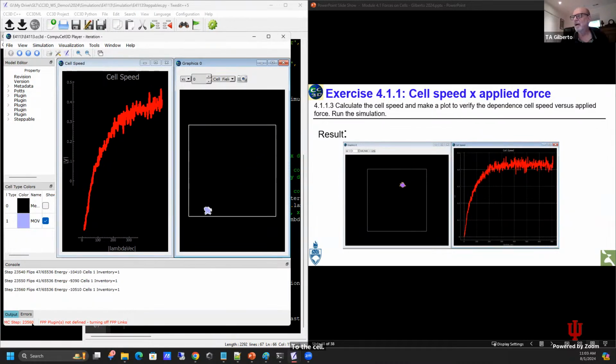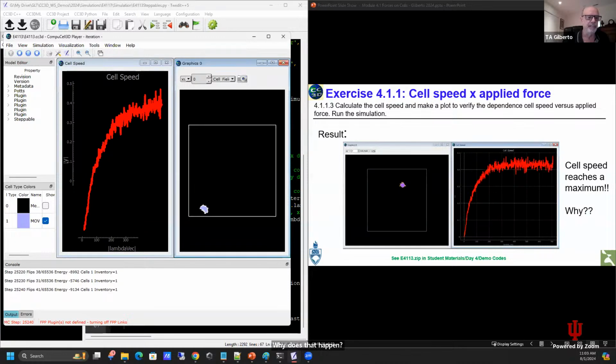And why does that happen? Why does the cell reach a maximum value of its speed? It's really slow. Maybe, Uxia, if you try to decrease the size of the grid to 128 square, then you have a faster simulation.